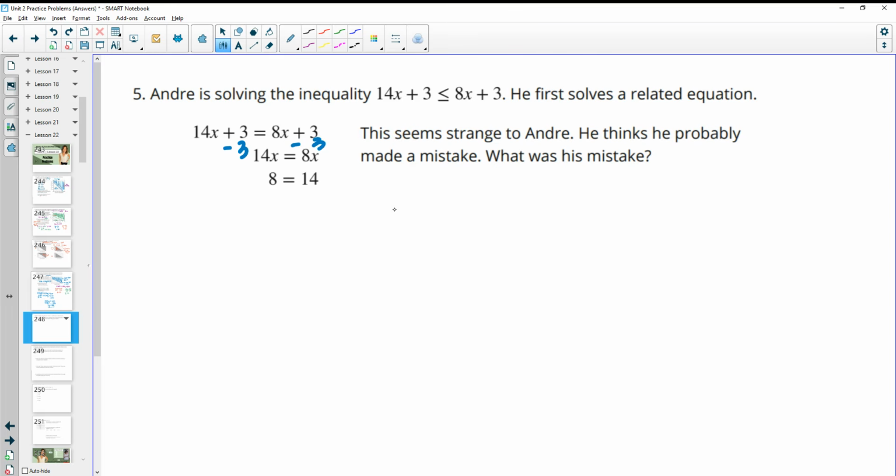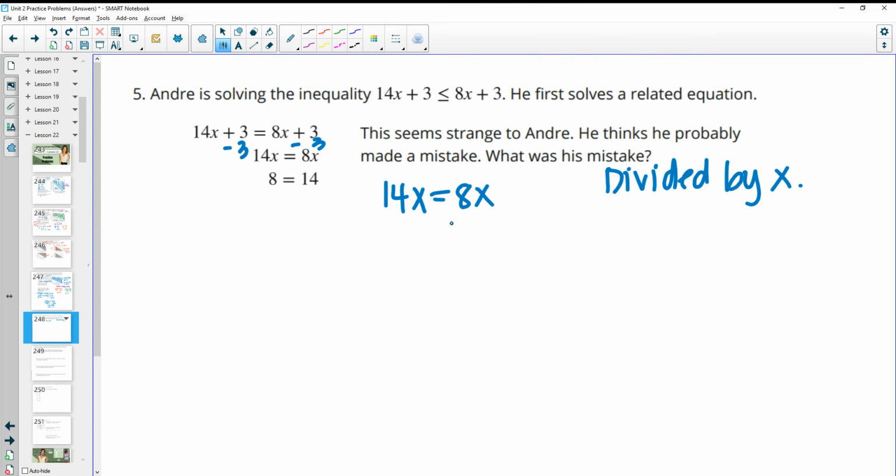So you're left with 14x equals 8x. But then he goes and divides by x because he loses those x's. And you don't want to divide by a variable because then you lose those solutions. And so that's his mistake. We don't want to divide by a variable. Okay, so he divided by x.